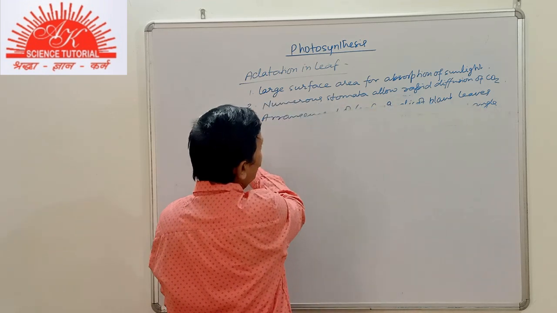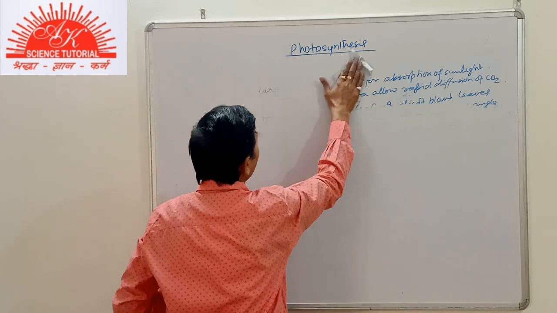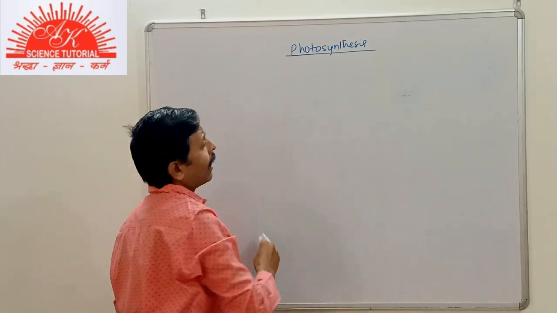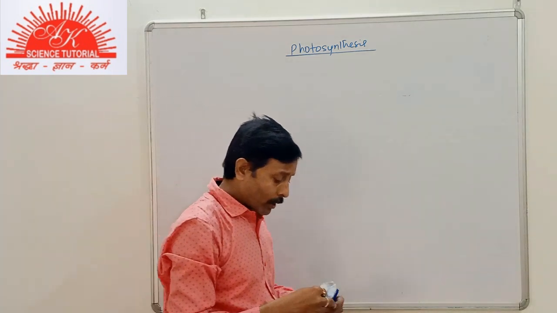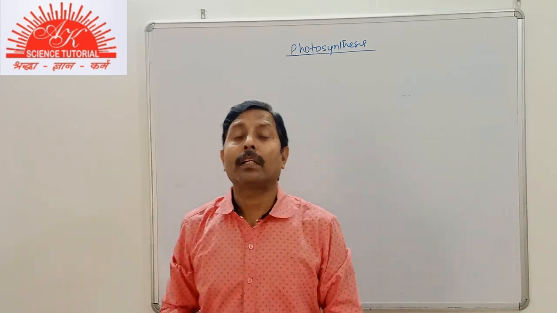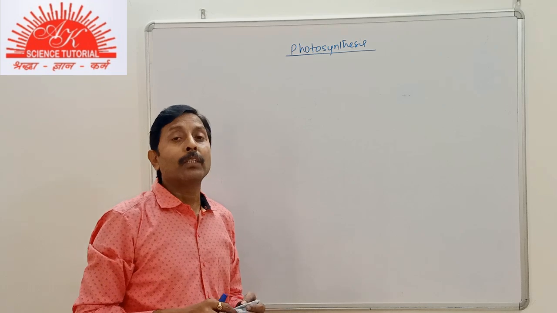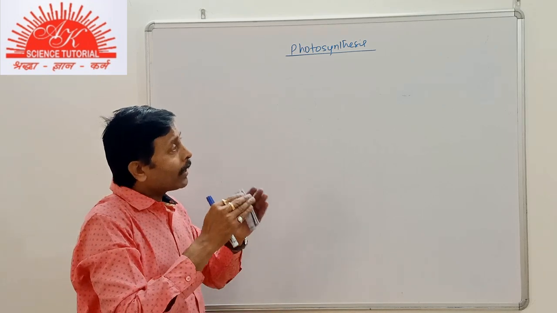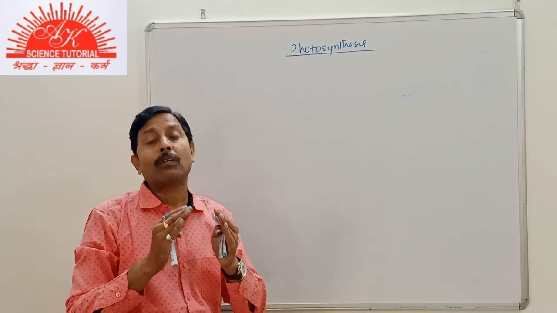Students, as you have studied about the product oxygen, we have also studied that carbon dioxide is diffused in during daytime and oxygen gas is released. But actually this process does not take place all the time.